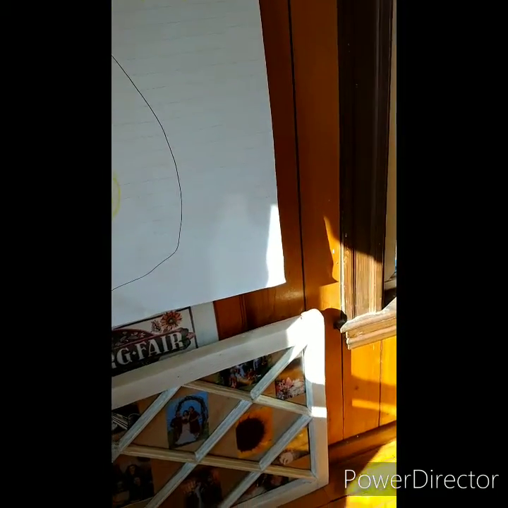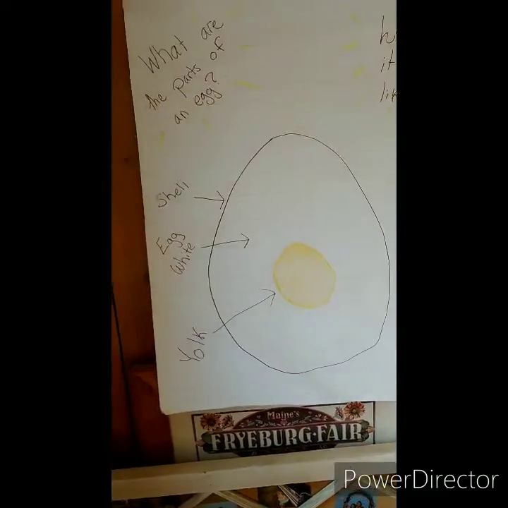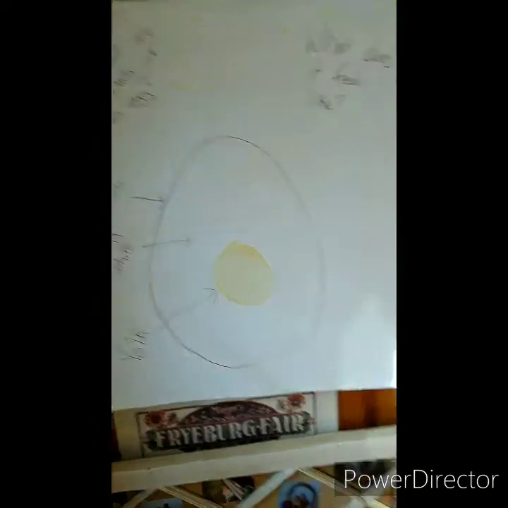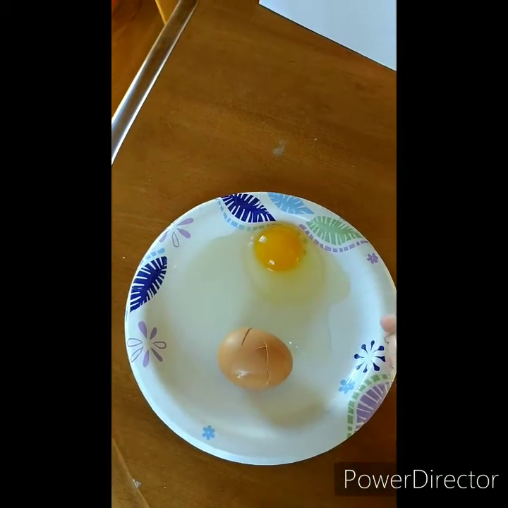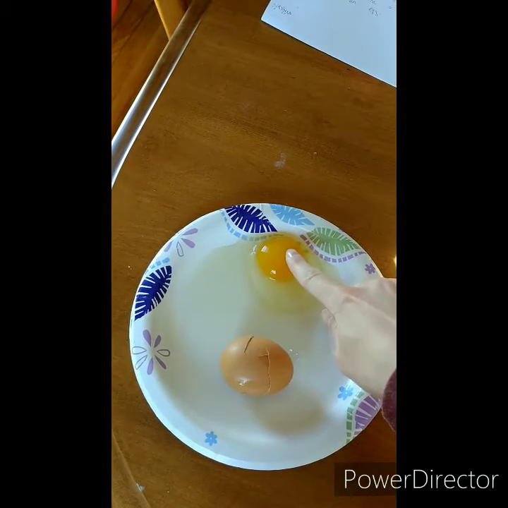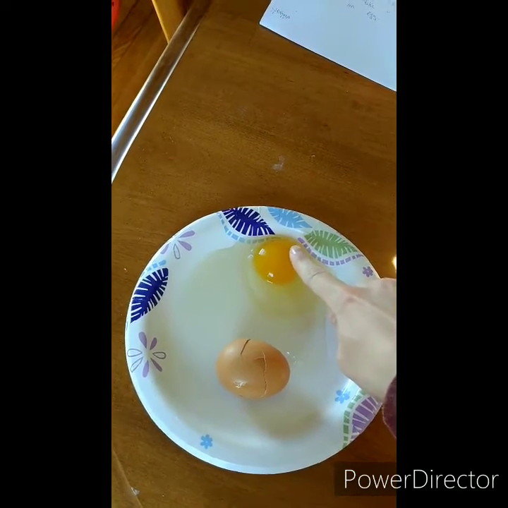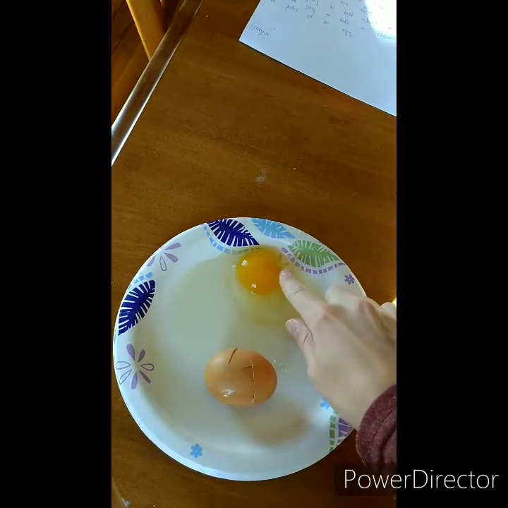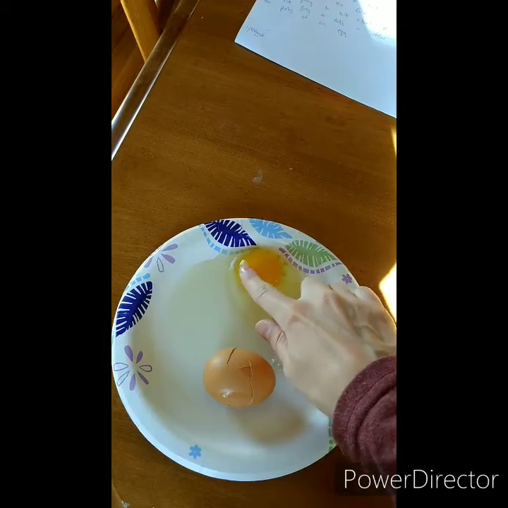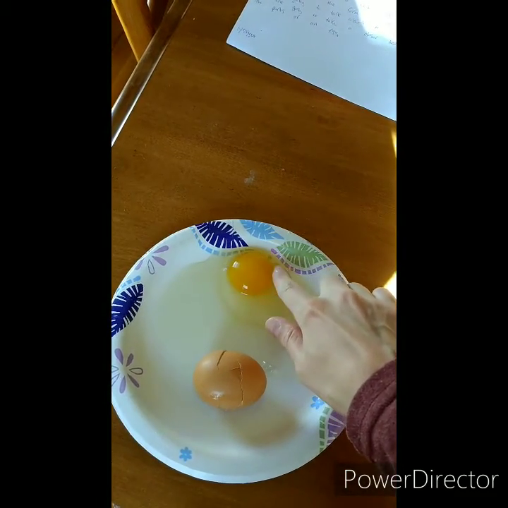All right. I'm going to put my marker down, and now we're going to feel the egg. So I'm going to go back to our plate, and we're going to start with the inside of it. So we're going to start with the yellow thing. Do you remember what that was called? The yolk. You're right. And that feels kind of slimy. My finger just kind of slides right off it.